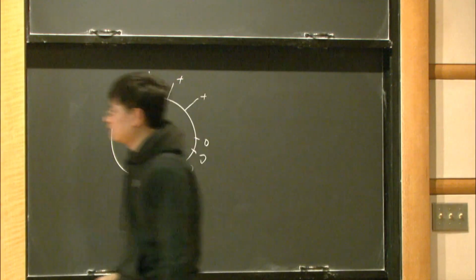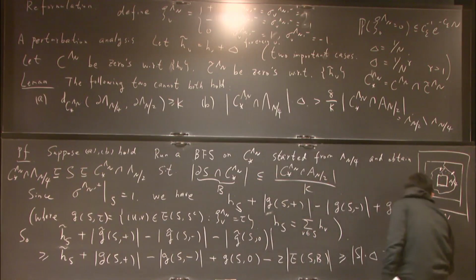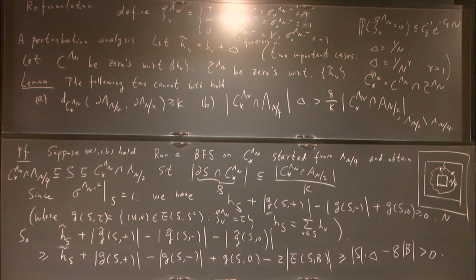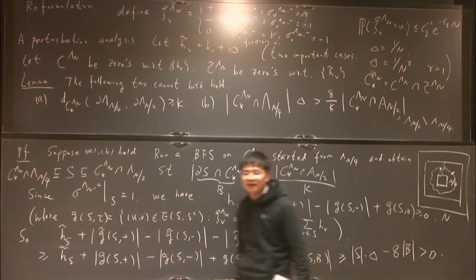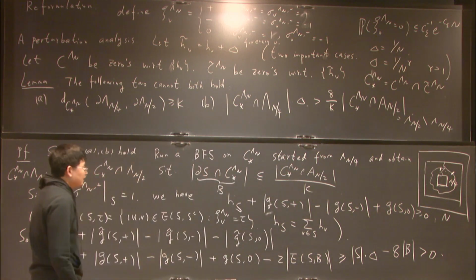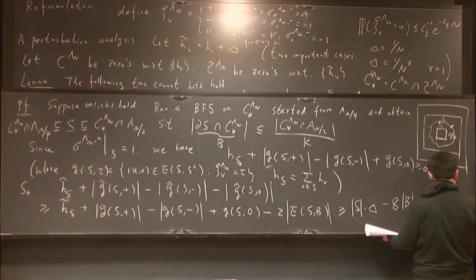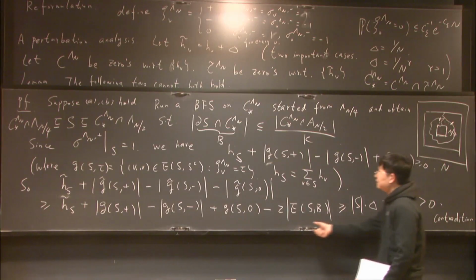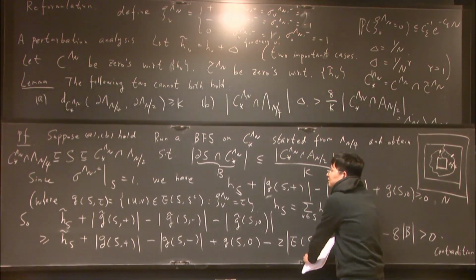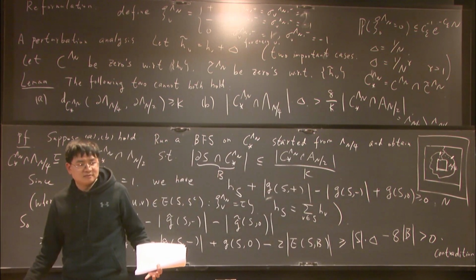That's what I lose. But under my assumption this is going to be positive, because I assumed that B is small but S is large from my A and B, if you do the calculation. Now, this gives you a contradiction, because this says even with minus boundaries in the tilde version, you still want to be plus.